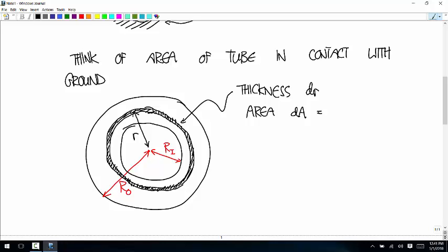What's the length of that rectangle? 2 pi r. Yep, it's the perimeter. And the thickness is dr, so that's the infinitesimal area dA. Okay, so we're going to do all these calculations in terms of these infinitesimal areas.